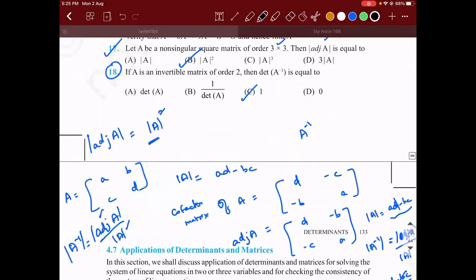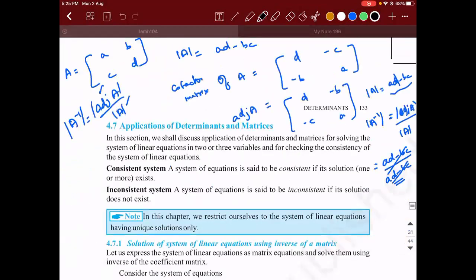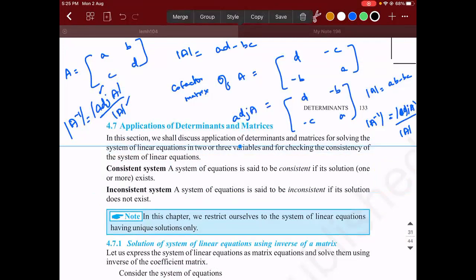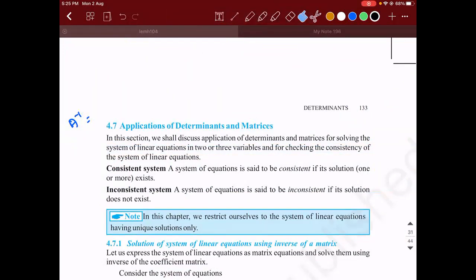Okay. So this is all about adjoint, guys. This is all about finding the inverse using the adjoint method, and we have seen the properties also. If you observe in the study material, there will be a concept map at the end of the chapter. I don't have a copy in my hand now.